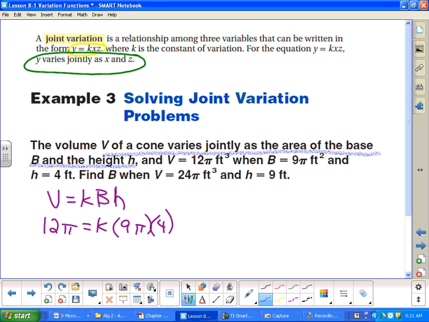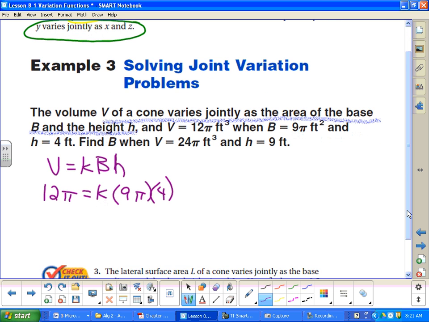Now there is no proportion for joint variation. Well, I guess you could, but we're going to do it this way. So we divide. What's 4 times 9? 36. Now when they give you pi in an equation like this, just leave it as pi, like you would an x or a y.